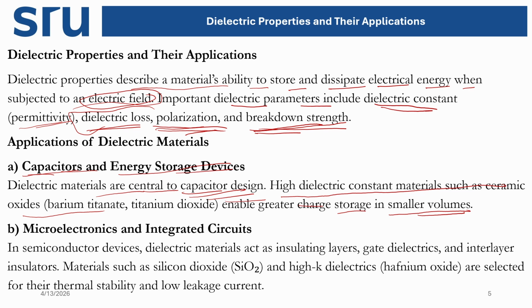So we need materials which can store much more energy in the dielectric substance. Examples are barium titanate or titanium dioxide, generally used because they can store much higher energy in a small volume.